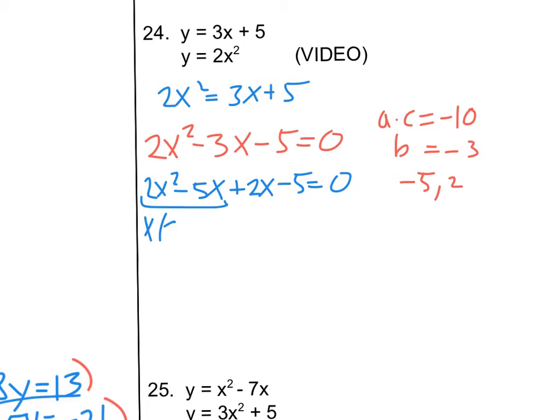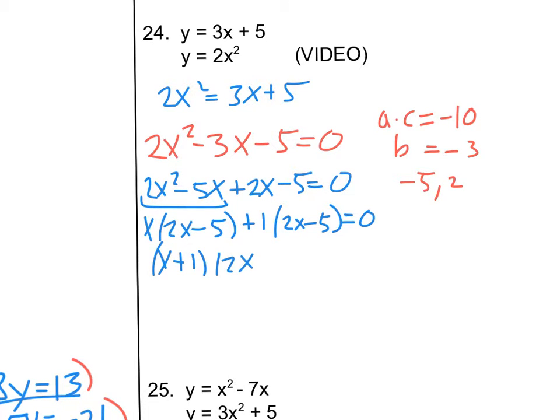We got x times 2x minus 5, and then plus 1 times 2x minus 5, because nothing else has anything in common. That gives us x plus 1 and 2x minus 5 is equal to 0, which means x is negative 1, and x is going to be 5 over 2.